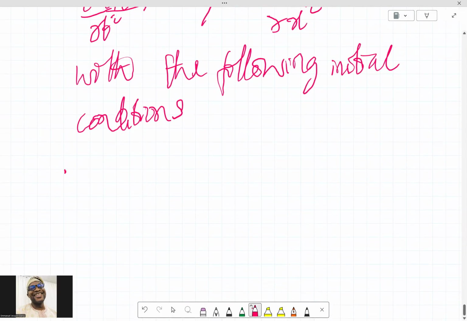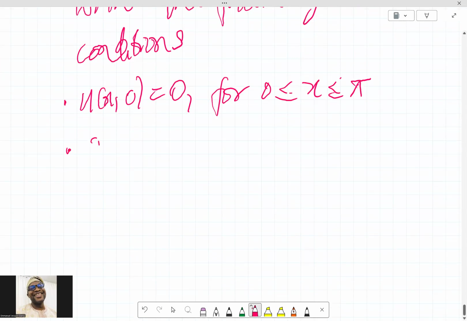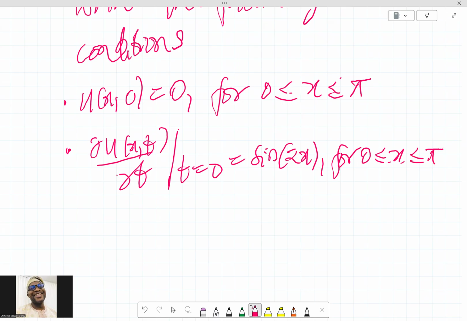So you have u of x comma 0 equals 0 for 0 less than or equal to x less than or equal to pi. Then you have partial u of x comma t, partial t evaluated at t equals 0 equals sine 2x for 0 less than or equal to x less than or equal to pi.